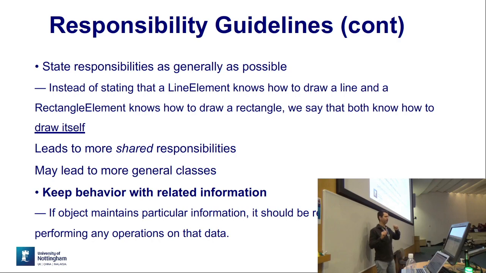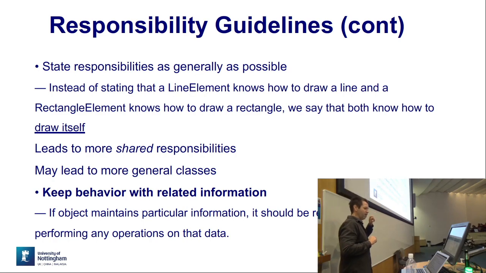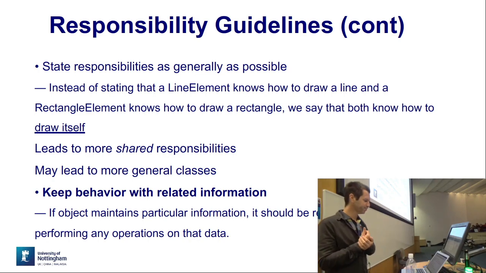In a drawing editor, you can draw edges or you can draw a rectangle, right? So instead of saying line element, draw line element, or rectangle element, draw a rectangle element, we would just have a method called draw. Like line.draw or rectangle element.draw. They know how to draw themselves.